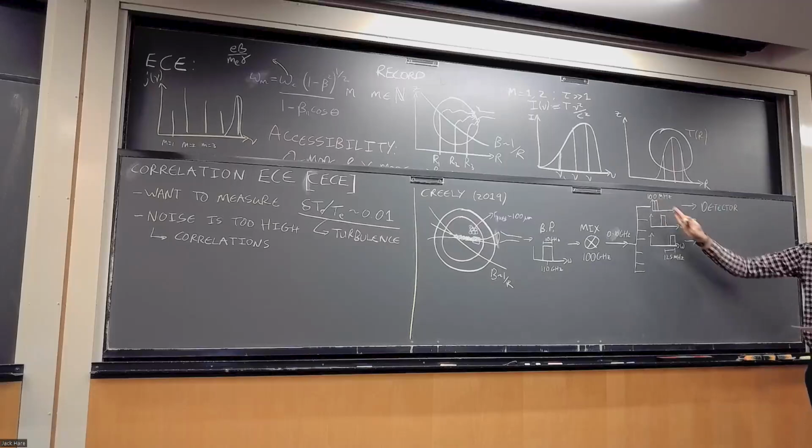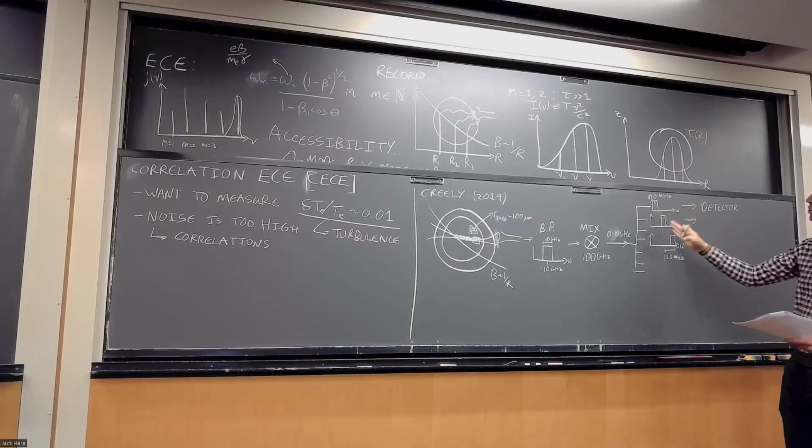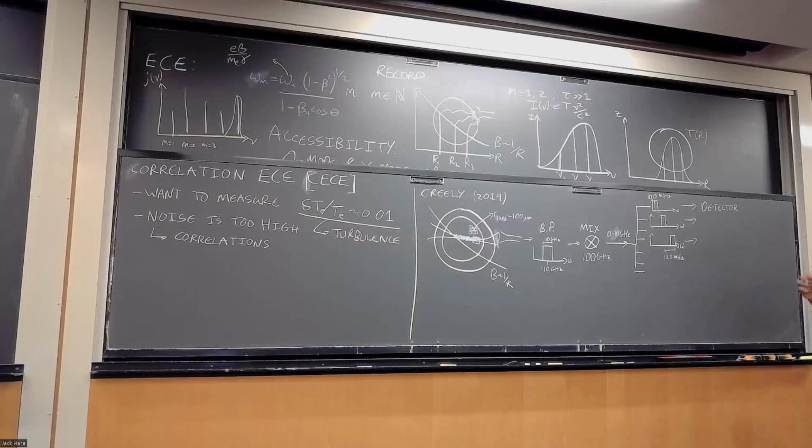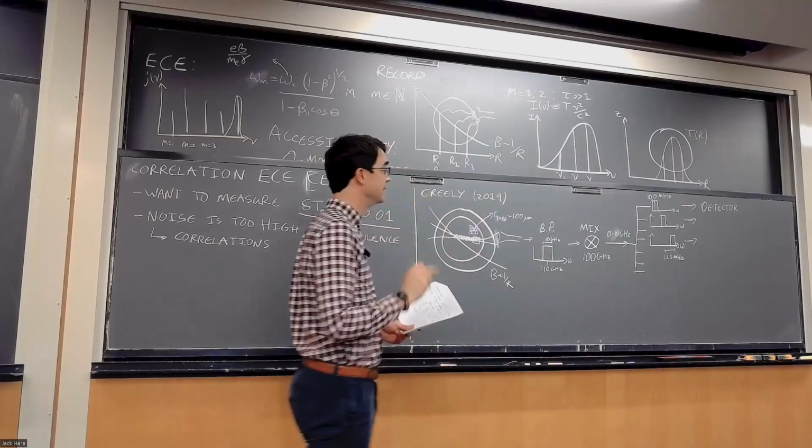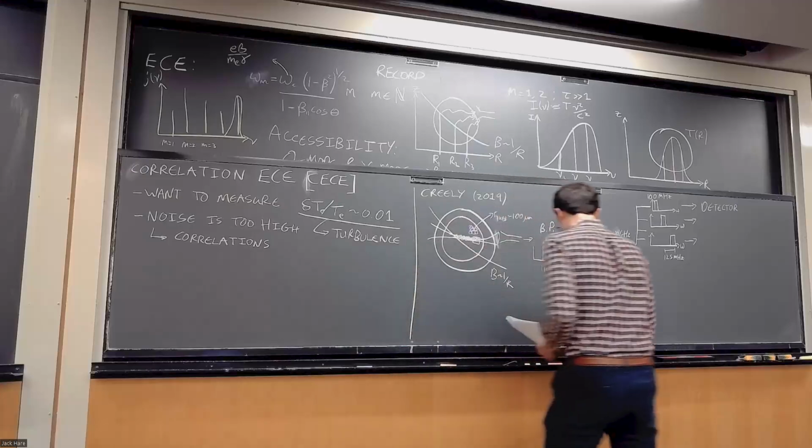It's important that these bins do not overlap in frequency space, which means that these volumes do not overlap in real space. They are each sampling a separate, discrete part of the plasma inside here. So let me just write that down.